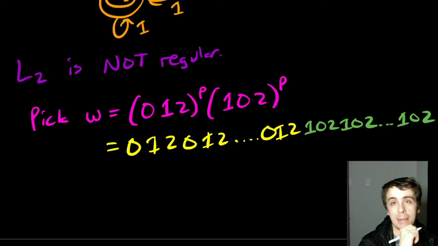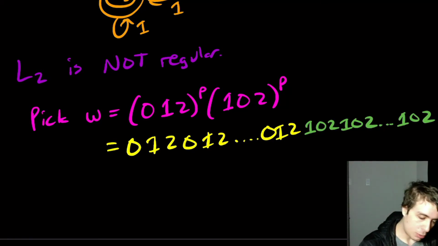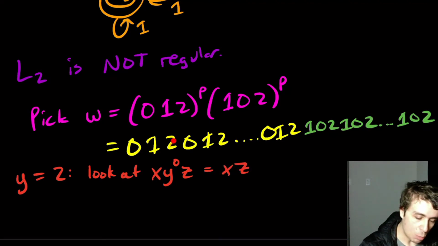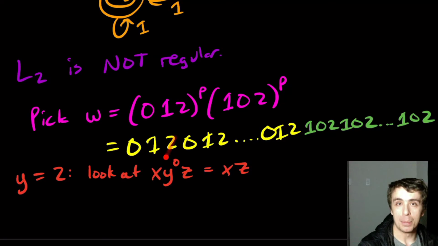That's actually pretty interesting. So if y is equal to just 2, then look at x y to the 0 z, which is the same thing as xz, which means that one of the 2s is going to be completely removed, which means that the number of 1 0s went up in total because this side didn't change.